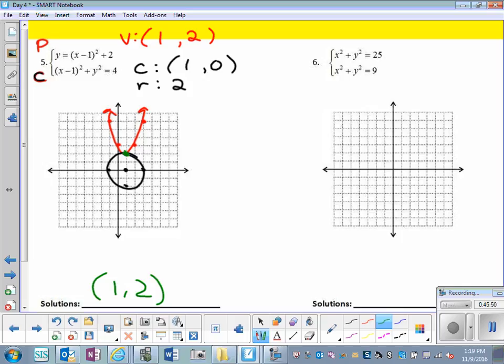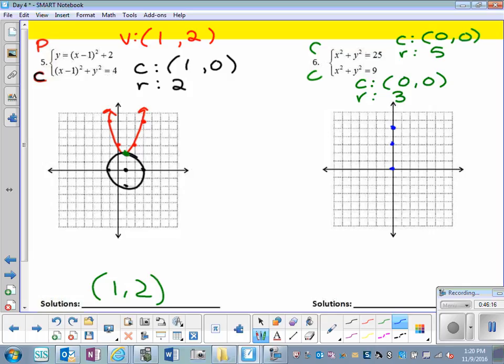All right, and the next one, what are those two? Circle and circle. Before you put all this away, let me just show you. Do they touch though? No. The center for this is 0, 0, the radius is 5. This one, the center is 0, 0, the radius is what? 3. So they're both at 0, 0. 1, 2, 3, 4, 5. 1, 2, 3.